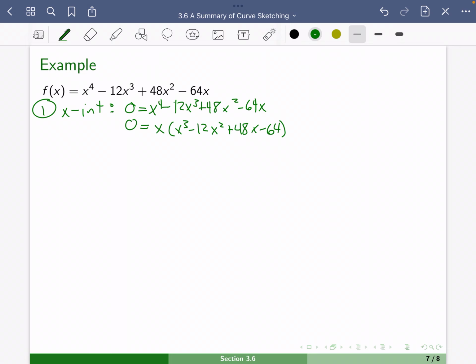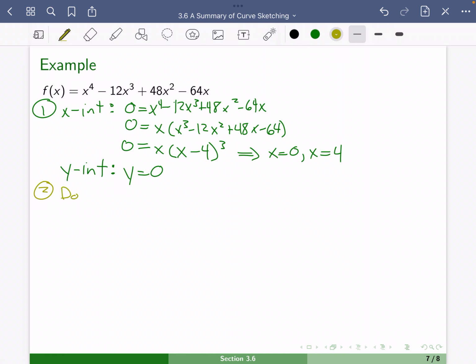The remaining stuff factors to x minus 4 cubed. And so x equals 0 and x equals 4. Those are our x-intercepts. For the y-intercept, we plug in an x value of 0, and we get a y value of 0 as an output.